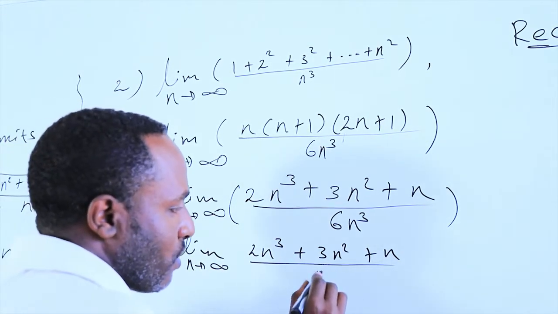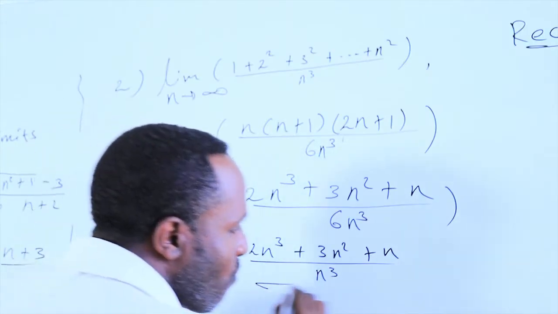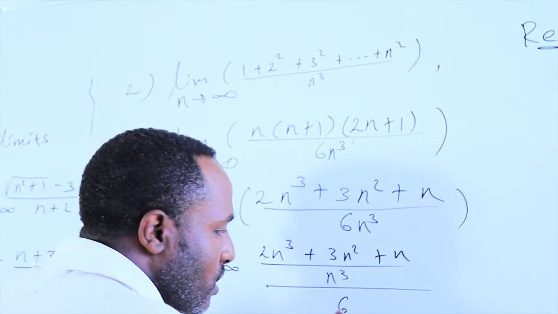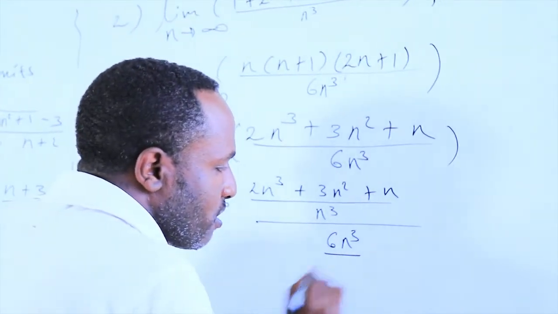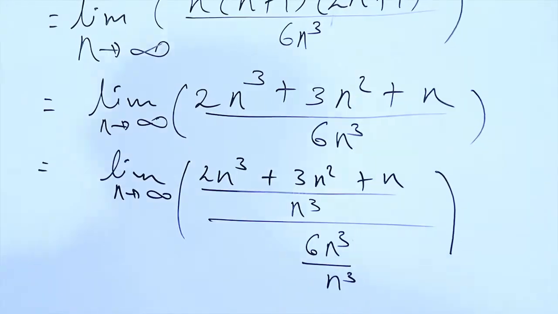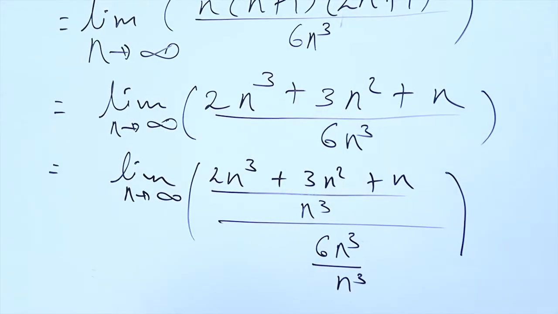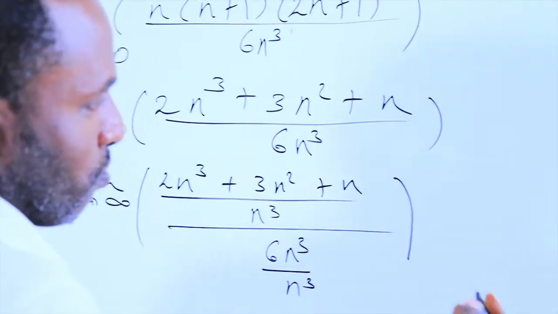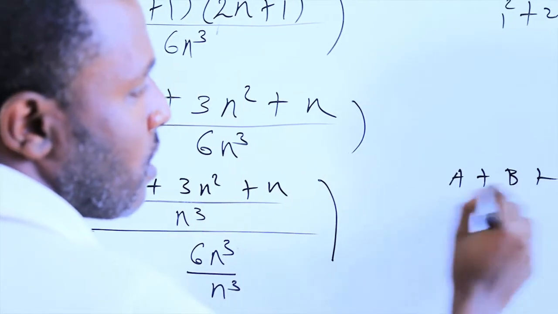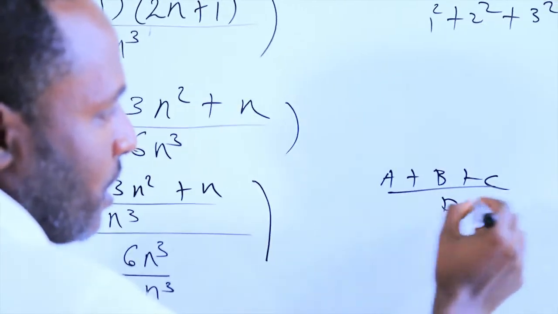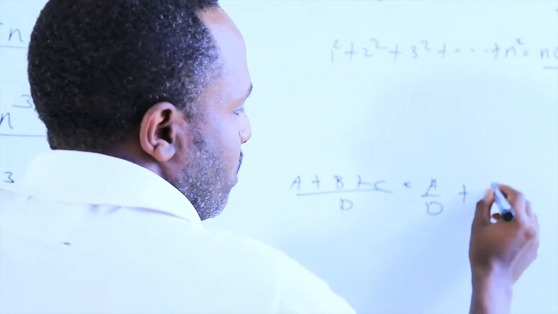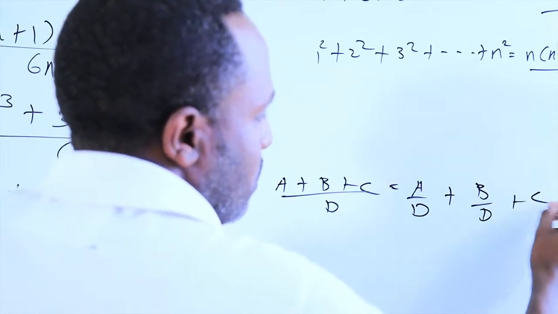So we divide every term by n cubed, and the denominator part 6n cubed is also divided by n cubed, like this, all as n tends to infinity. Now we can apply, as I told you before, a plus b plus c over, let's say, d, means we can say a over d plus b over d plus c over d.